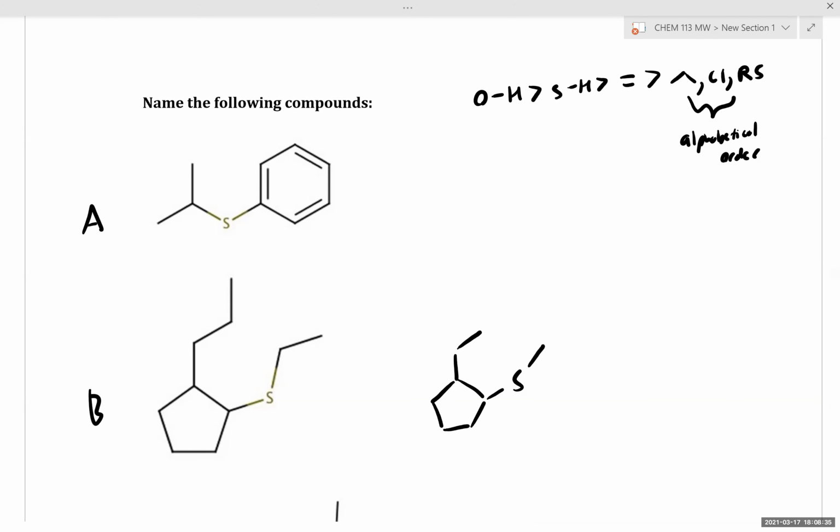We already have our first proposed name for example A, which is isopropyl phenyl sulfide. What does the class think about the ordering? What should go first, isopropyl or phenyl? So when we're trying to name this compound, which alkyl group should go first alphabetically?